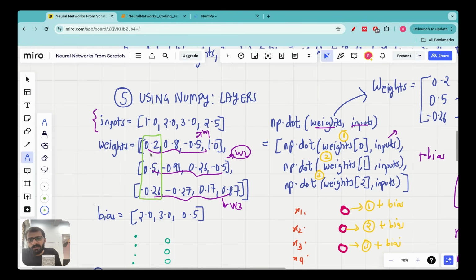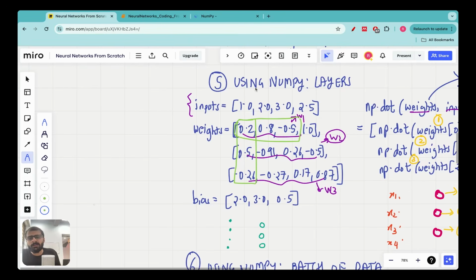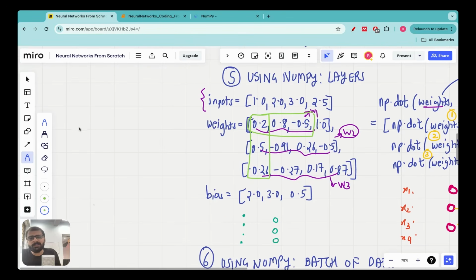Instead, we need the rows, because the rows correspond to the weights of each neuron. If you do np.dot(inputs, weights), inputs is one row and four columns, and then weights will be four rows and three columns. So you will get an output which is one row and three columns.